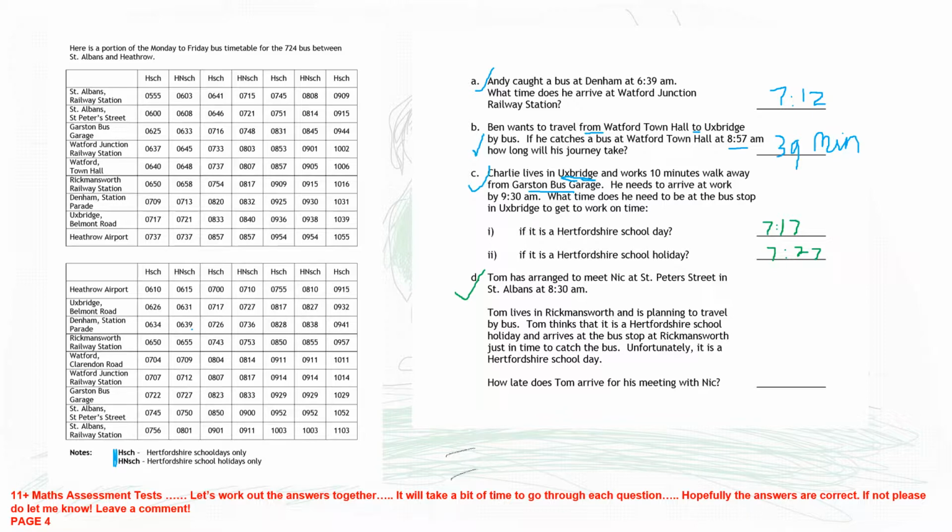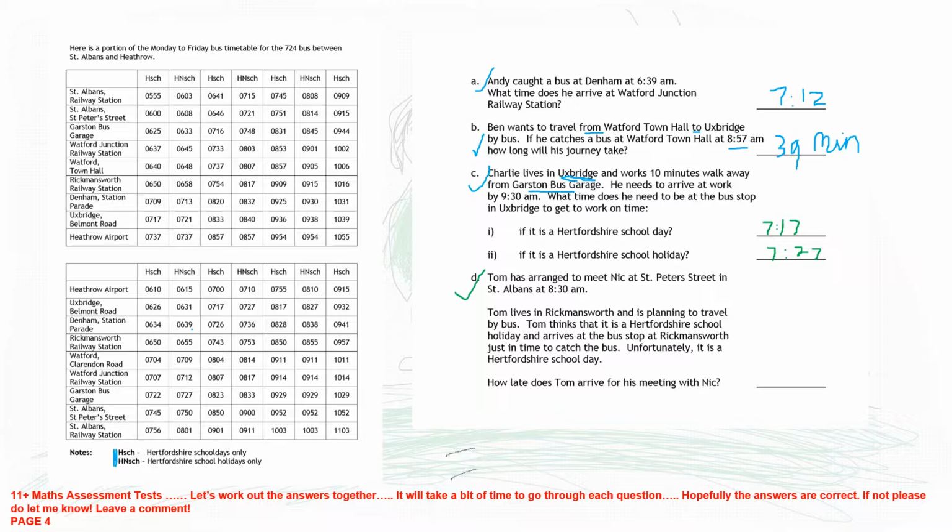Tom has arranged to meet Nick at St. Peter's Street in St. Albans at 8:30. Tom is planning to travel by bus. Tom thinks that it is a Hertfordshire school holiday and arrives at the bus stop at Rickmansworth just in time to catch the bus. Unfortunately, it is a Hertfordshire school day. How late does Tom arrive for his meeting with Nick?